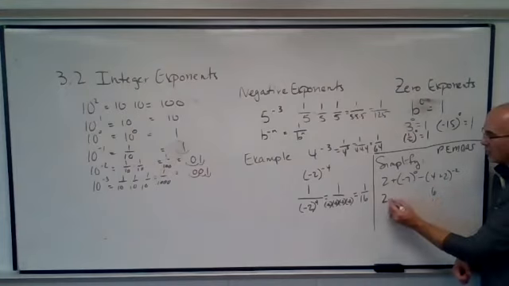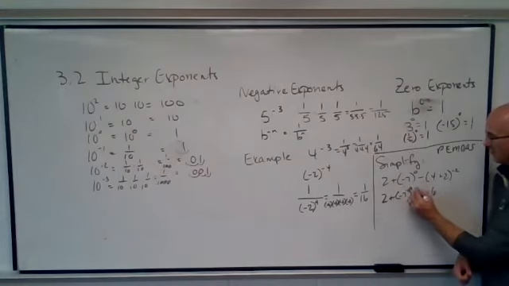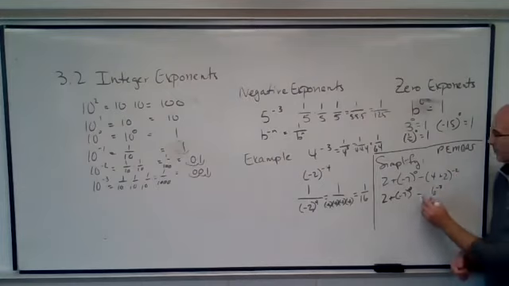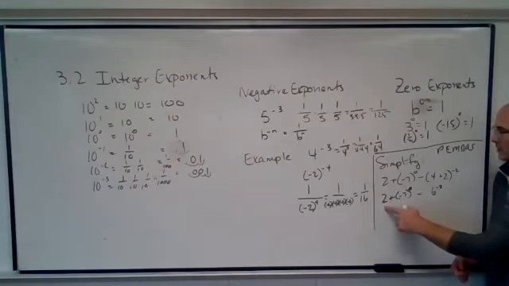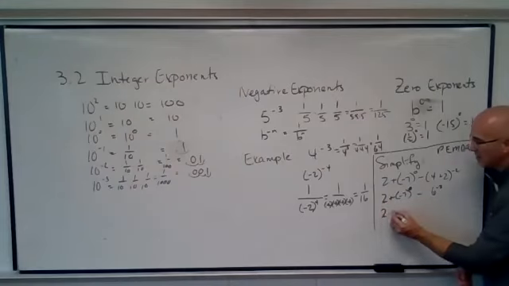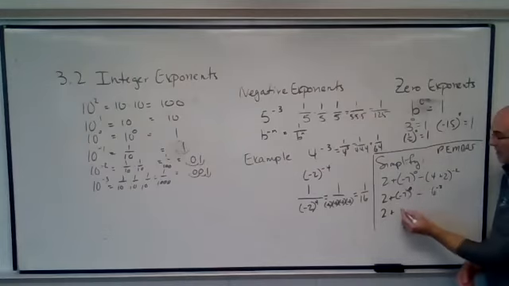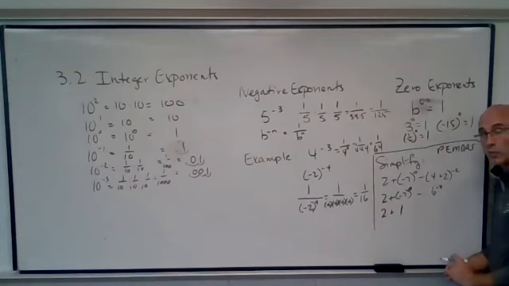So let's rewrite this. And then we have to keep the negative 2 power. Okay. So now we have a couple exponents here. So let's just rewrite this. Negative 7 to the 0 power, as we noticed up here, anything to the 0 power is 1.